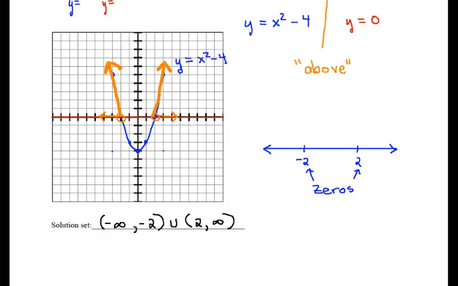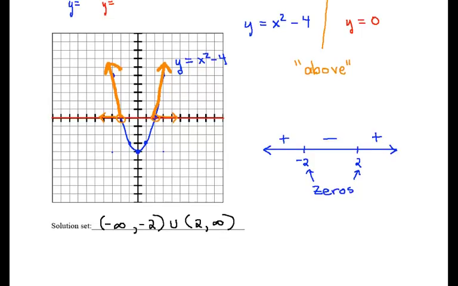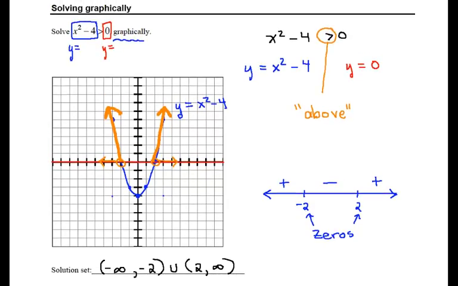And I can see that on the left of -2, the graph is above the x-axis, which is like saying it has positive y values. Between -2 and +2, the graph is below the x-axis, which is like saying it has negative y values. And to the right of 2, the graph is again above the x-axis, which is like saying that it has positive y values.